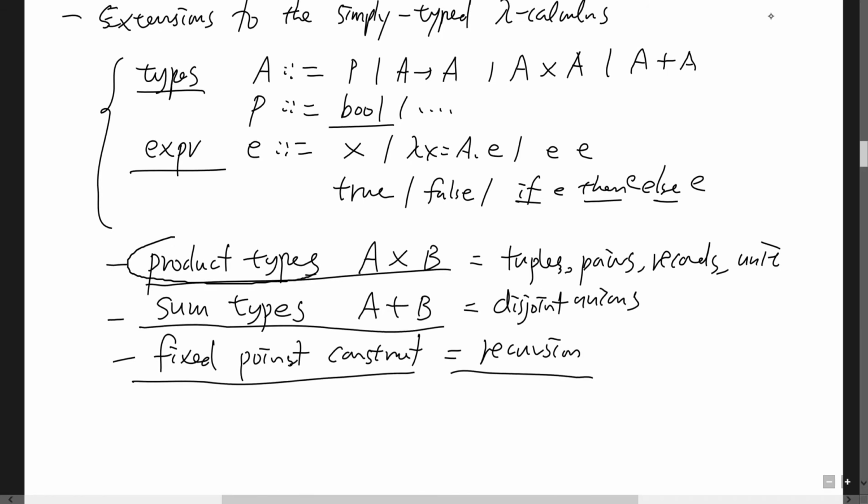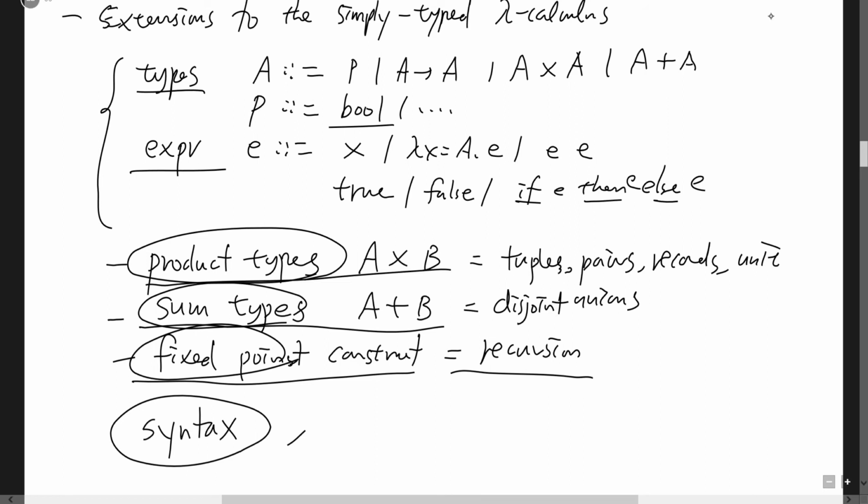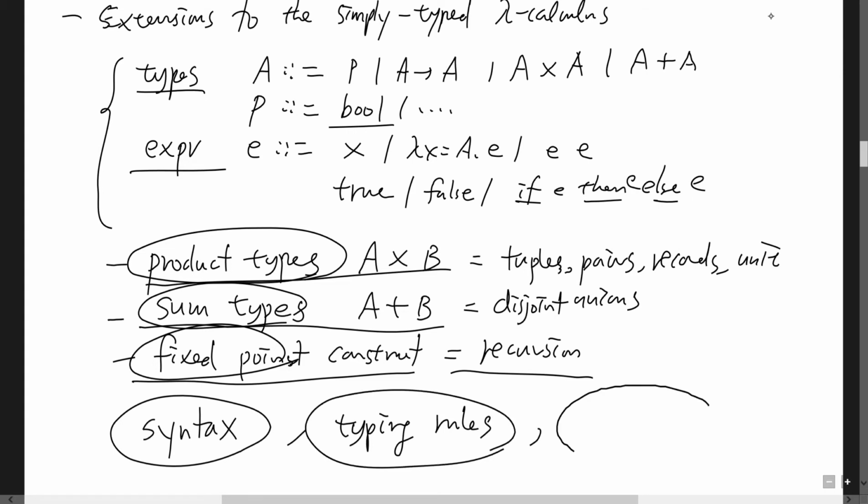So for each category, we are going to extend the syntax first, and then we are going to give typing rules, and we are going to give the reduction rules.